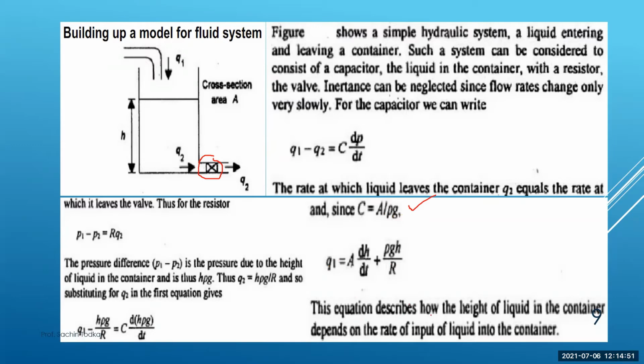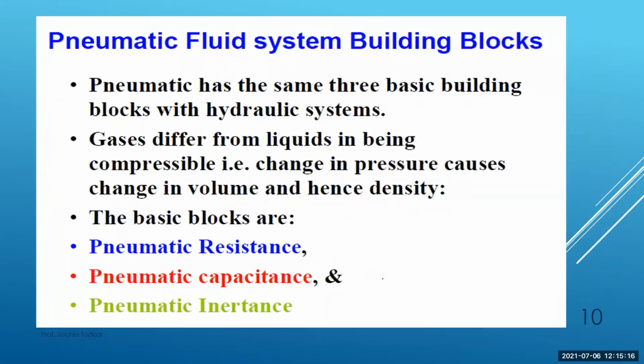This equation describes how the height of liquid in the container depends on the rate of input of the liquid into the container. We know that if the output has been blocked, the height will be directly proportional to the value of Q1 coming into the container. So this is the fluid system model we have built here.